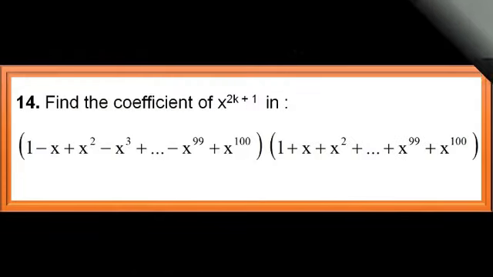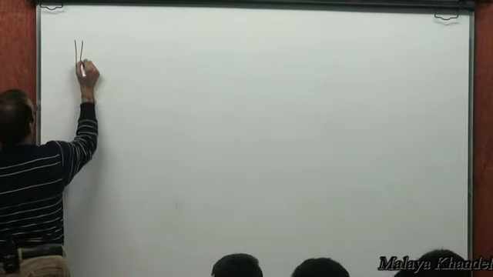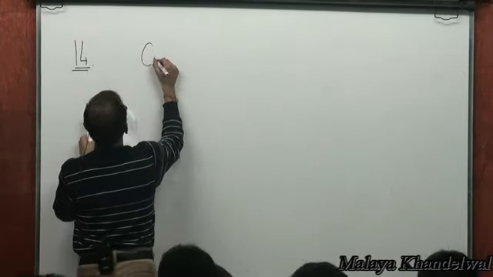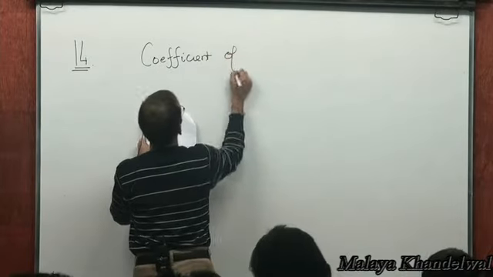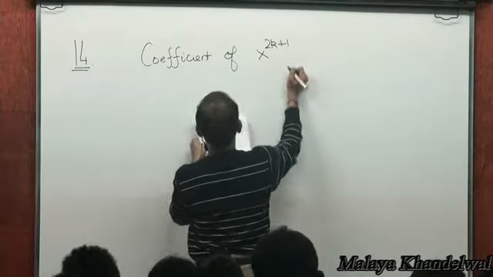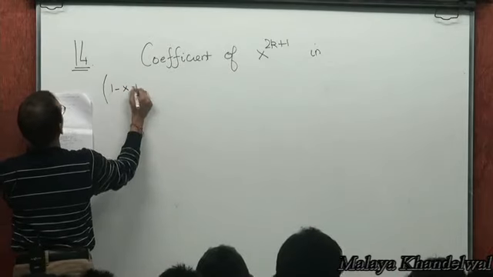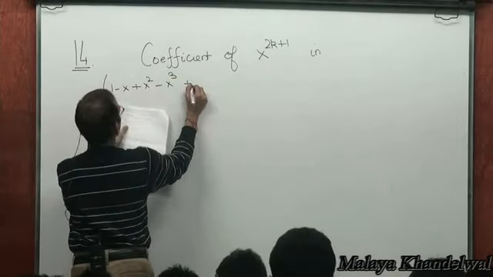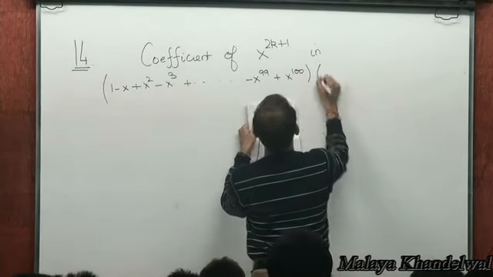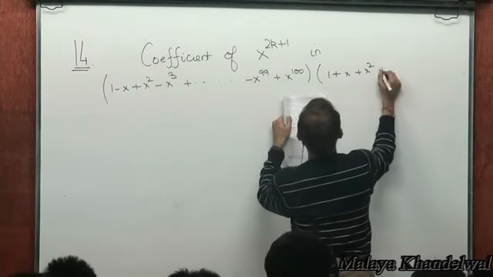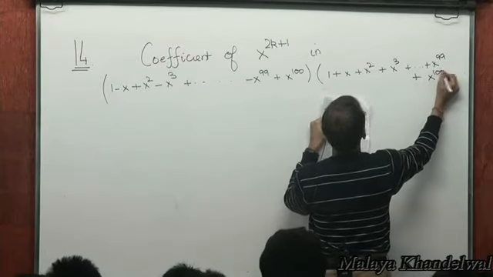Okay, and then look at 14. We want to find the coefficient of x power 2k plus 1 in 1 minus x plus x squared minus x cubed plus up to minus x power 99 plus x power 100, into 1 plus x plus x squared plus x cubed plus up to x power 99 plus x power 100, right?